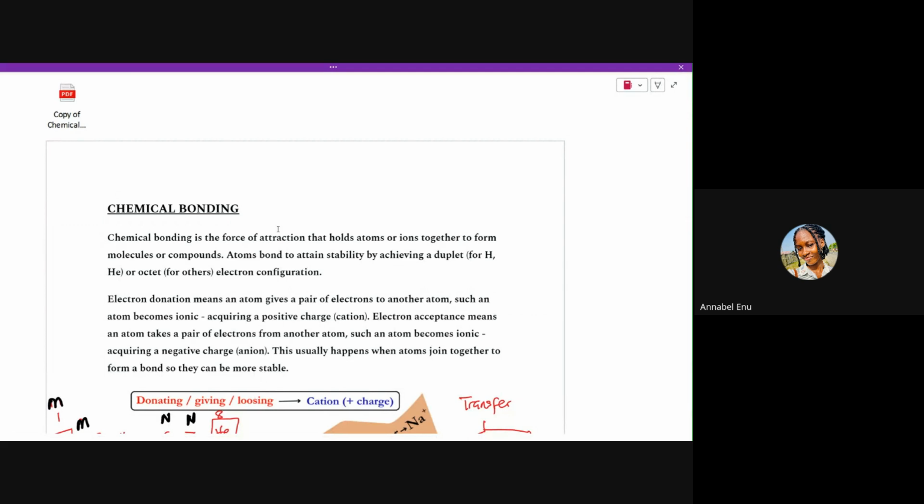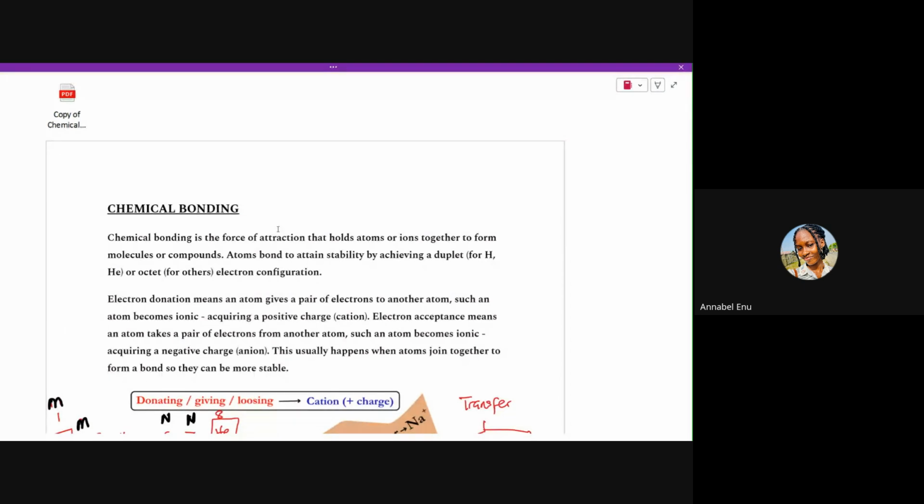The reason why ions or elements would want to bond is so that they will achieve duplet or octet configuration. Duplet is for hydrogen, then octet is for the higher elements. So they want to be stable, like the group 8 elements. They want to have 8 in their outermost shell. That is why elements bond.